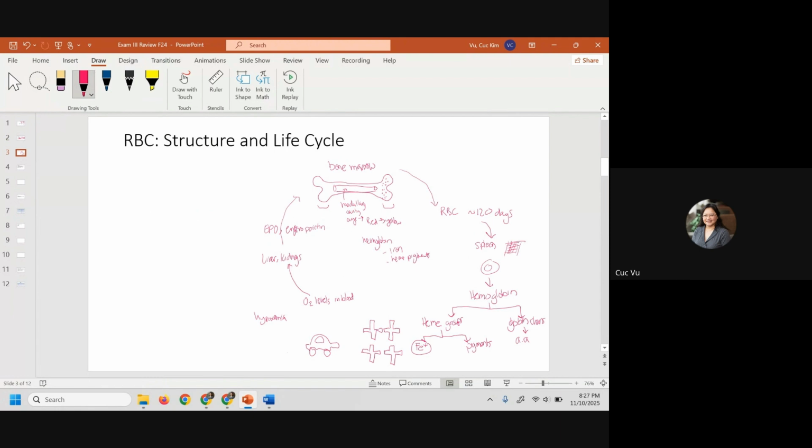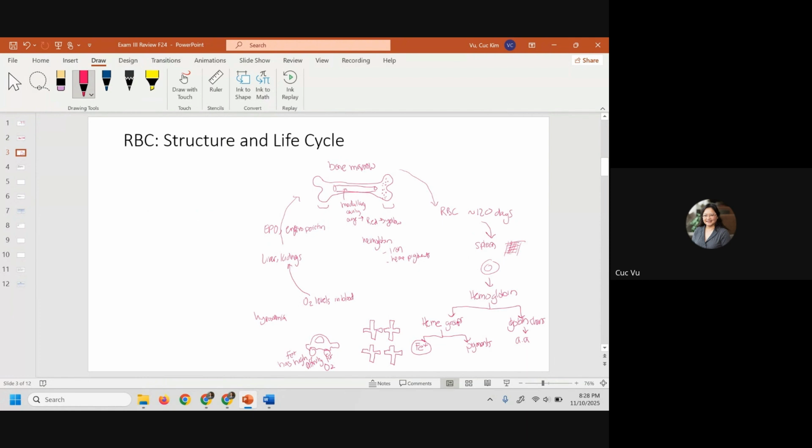And that's because iron has a high affinity for oxygen. In other words, it binds to oxygen. And that's why with the iron, it's able to carry the oxygen. And that's the function of the heme group, to carry the oxygen.